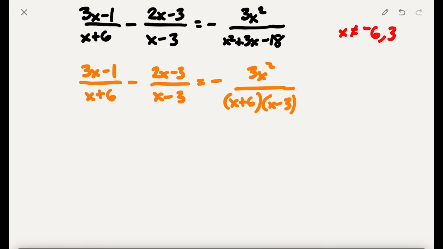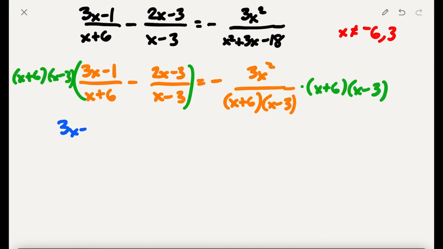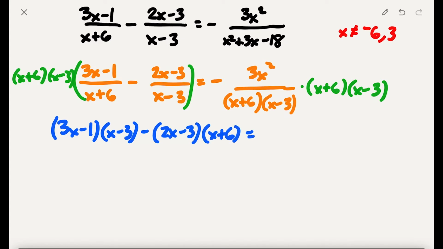Okay, I'm going to multiply both sides by that (x + 6)(x - 3). So you'll get (3x - 1) quantity times (x - 3), since the x + 6s are going to cancel. And then you're going to be left with (2x - 3) times (x + 6), since the x - 3s cancel. And this is going to be equal to -3x squared, since all of this is going to cancel right there.